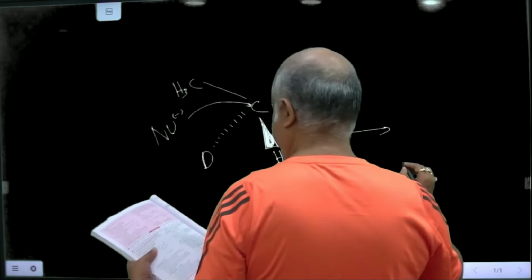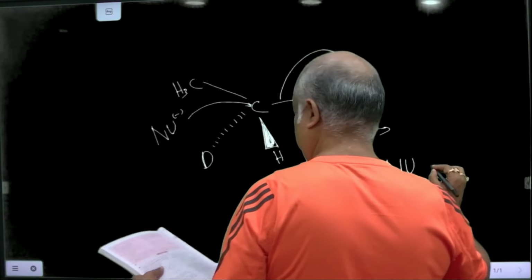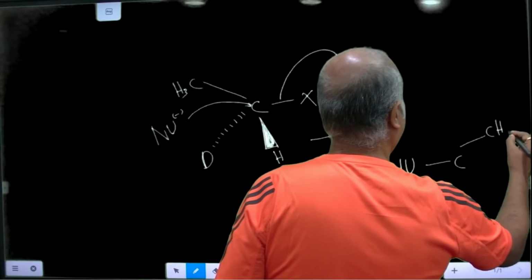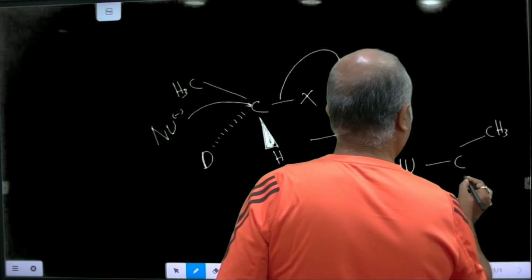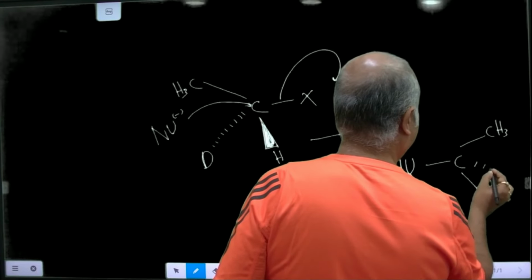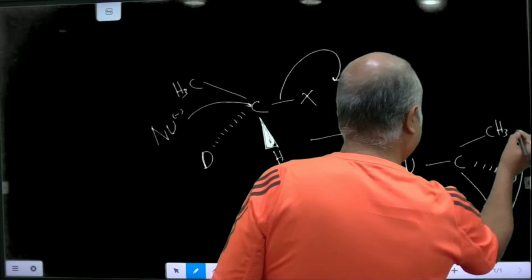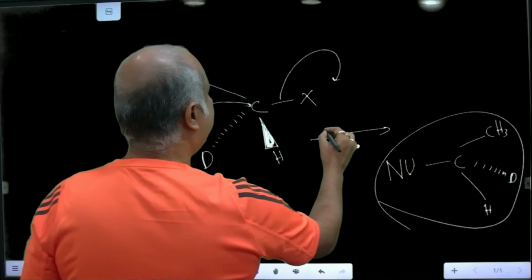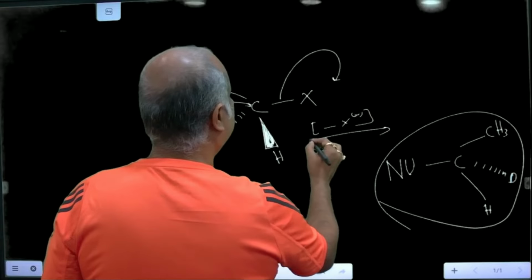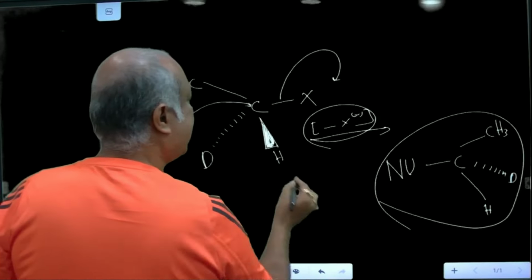So Nu, C, CH3, H and deuterium. That is the ultimate product, and the leaving group is X minus. The leaving group leaves and the nucleophile attacks at the opposite side.